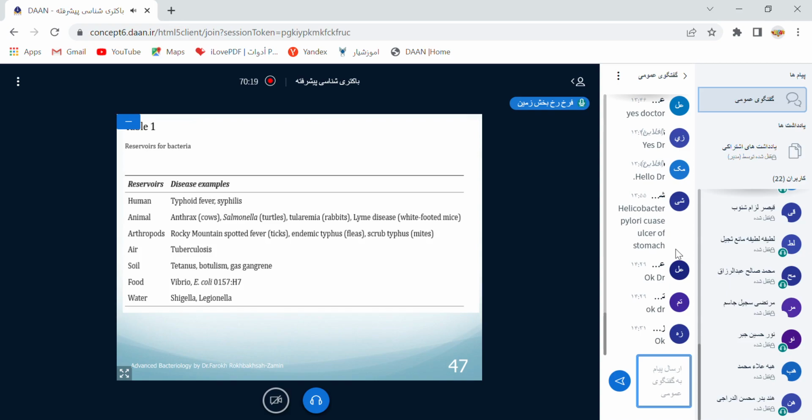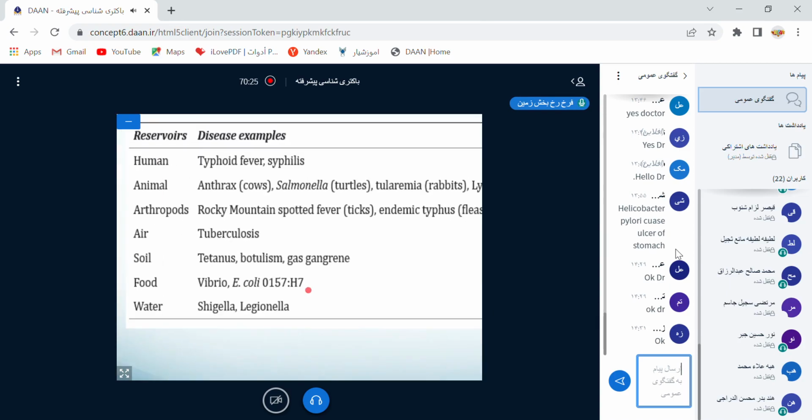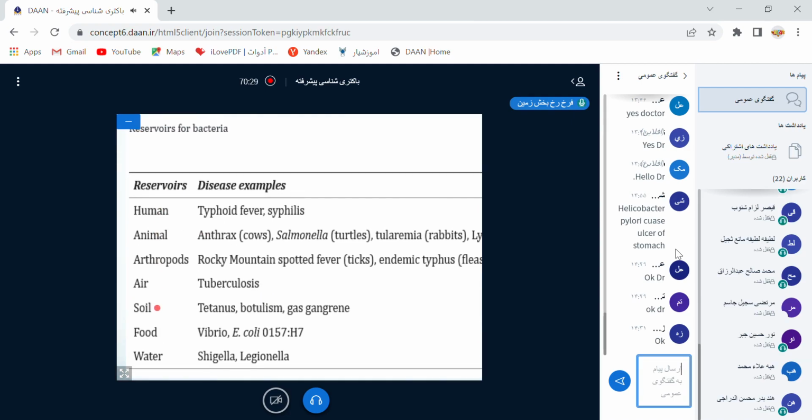Okay, looking at this table, it shows that there are different types of reservoirs. What are they? Human, animal, arthropods, air, soil, food, and water.